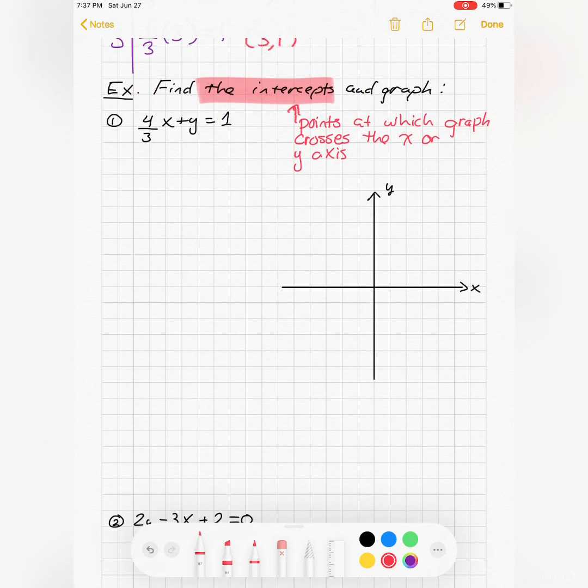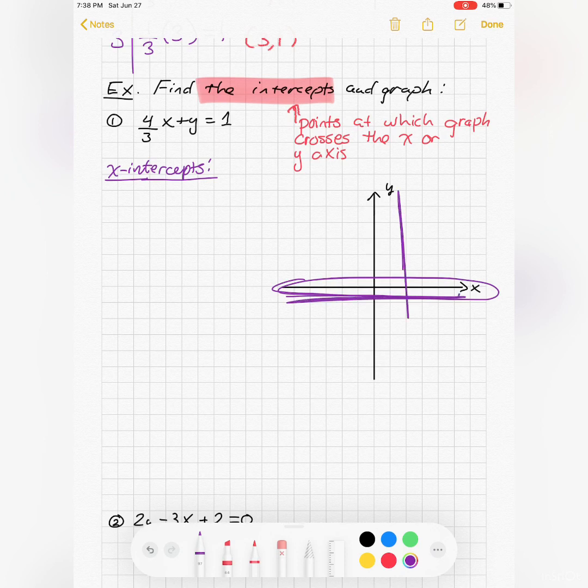Okay, so if my goal is to find the intercept, let me start with, say, the x-intercepts. So x-intercepts, I'm here on the x-axis. So the x has changed, but the y hasn't gone up or down.